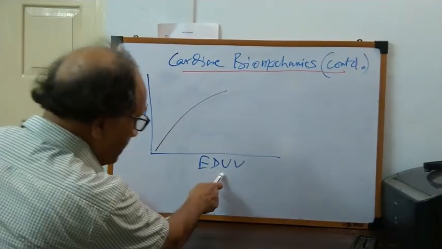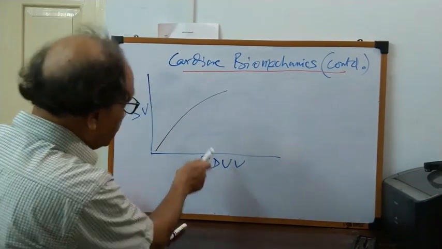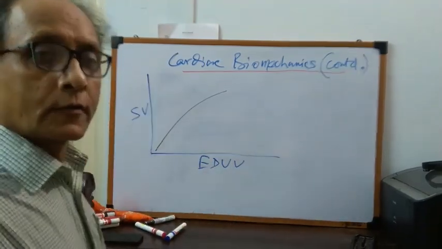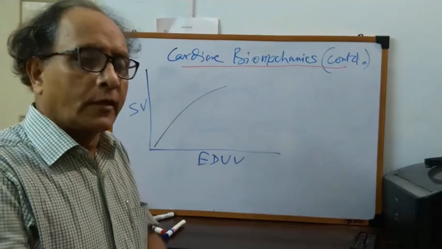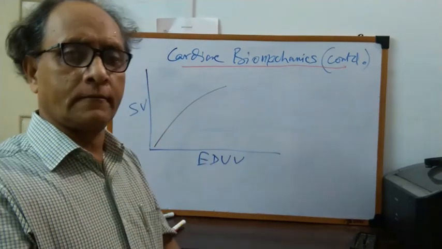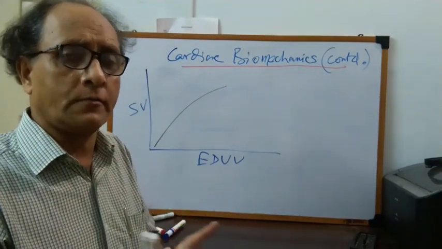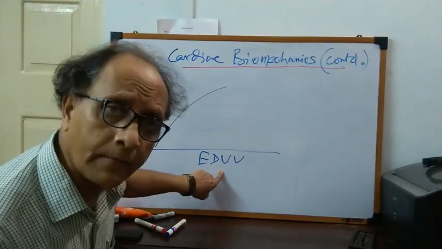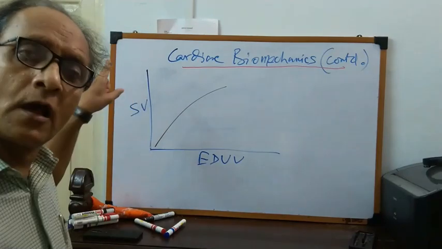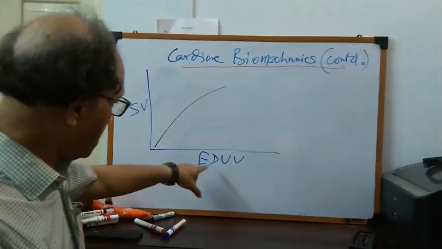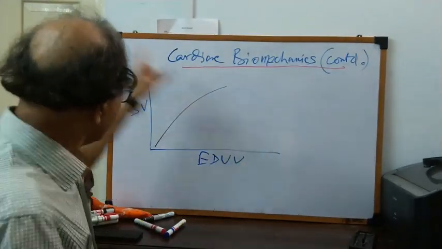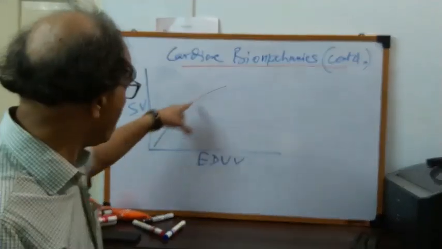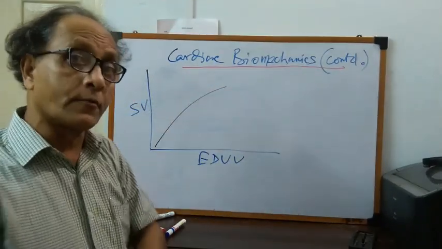EDV being an independent variable determines the stroke volume as a directly proportional determinant. If this is in the x-axis, this is the independent variable, and this in the y-axis is the dependent variable. So this EDV is determining SV and it is almost linear or directly proportional.